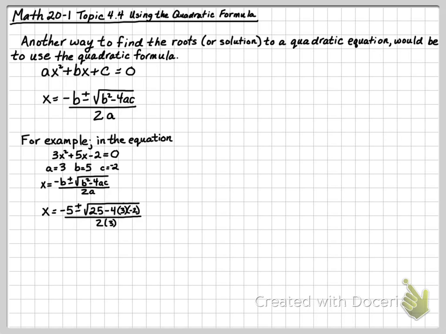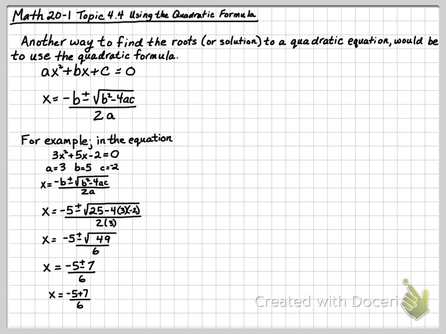That means our roots are going to be negative 5 plus or minus the square root of, well, we simplify the part underneath the square root sign. That's going to be root 49 over 6, which happens to work out very nicely in this case. So it's going to be negative 5 plus or minus 7 over 6. This means there's going to be two roots, negative 5 plus 7 over 6 and negative 5 minus 7 over 6.